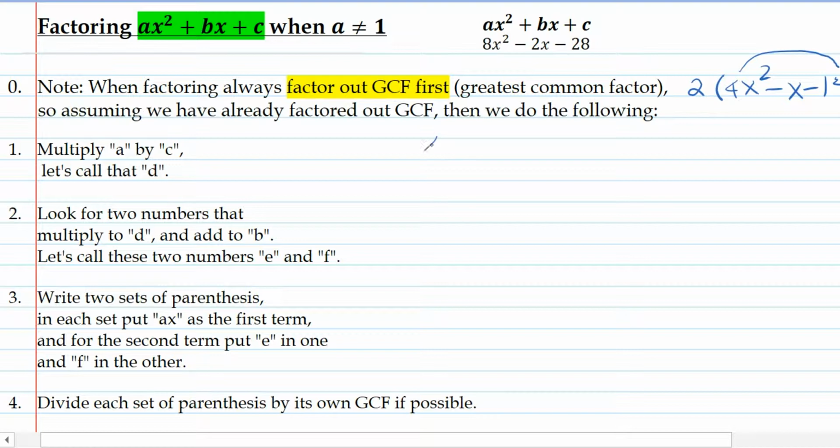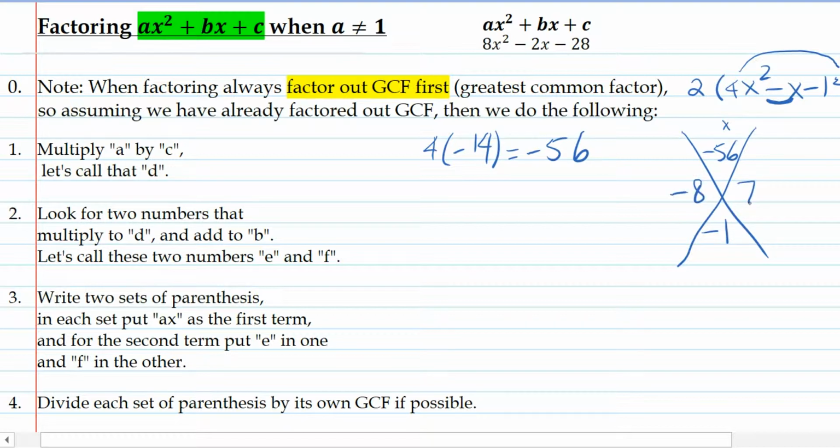So we multiply those. We get negative 56. So we put that into our X. So 2 numbers that multiply to negative 56, and add to B, which in this case is negative 1. B is the number that's multiplied by X, and it's negative 1X. So the 2 numbers are negative 8 and 7.